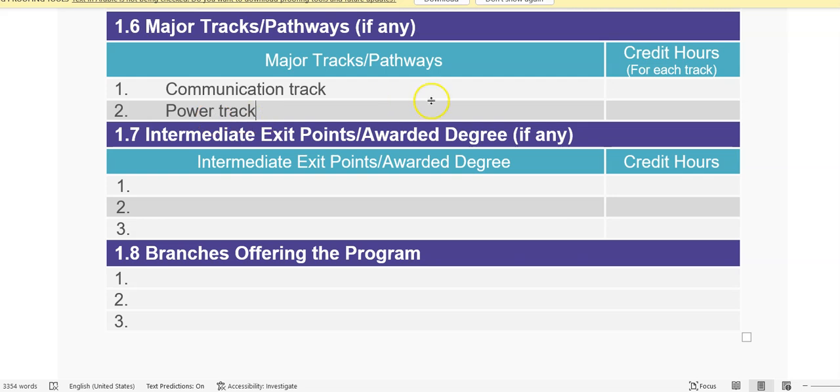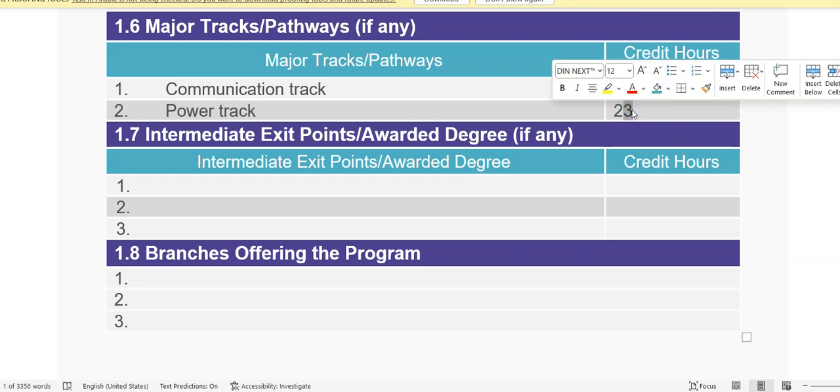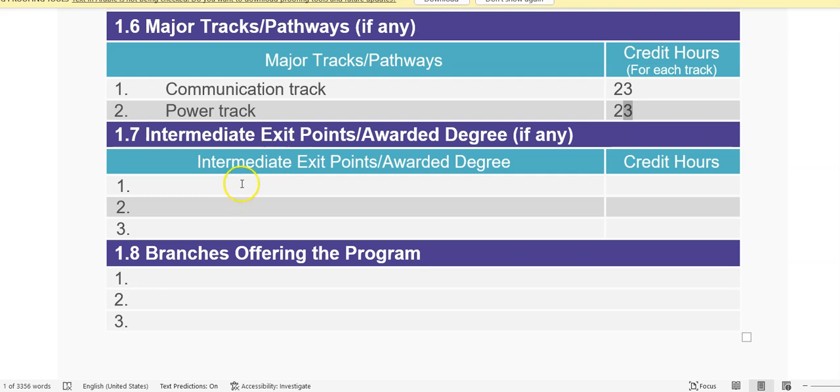You can write here for communication, for example, 23 credit hours, or 20. Usually they are the same. If you have intermediate exit points, which is now a must in the new programs, for example, if students finish 100 credit hours or 70 credit hours, you can give them a certificate or a degree, and this degree should fit with the requirements.